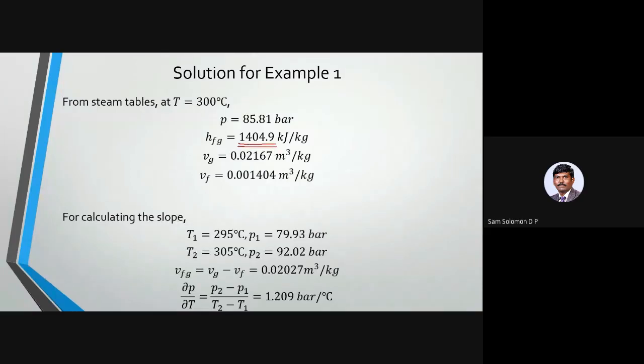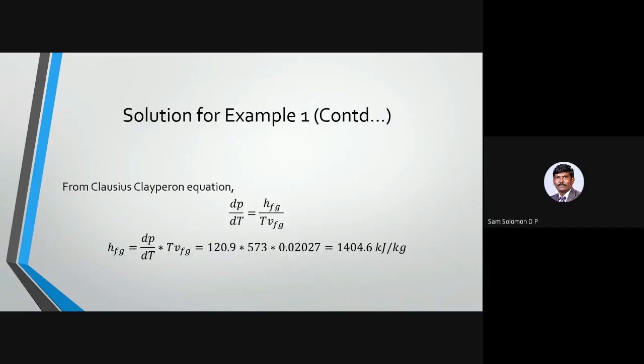They have taken 295 and 305, and found the dP by dT values in bar per degree centigrade. They substituted it: hfg is dP by dT into T into vfg. T is 573, vfg is Vg minus Vf, and they are able to get 1404.6. The steam table value was 1404.9. So it is very close.